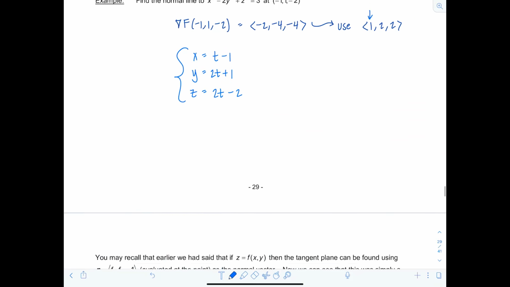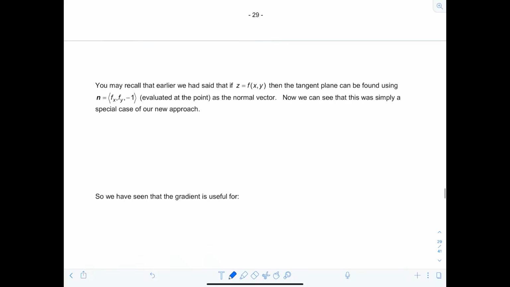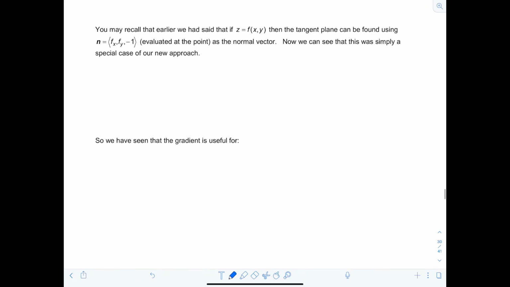All right, just to tie this all into when we talked about tangent planes before, we said that if z was a function of x and y, then the tangent plane was found by looking at the normal vector with components partial with respect to x, partial with respect to y, and -1. But now we see that this was just a special case of our new approach. Because if z is a function of x and y, I could redefine this as a function of x, y, and z.